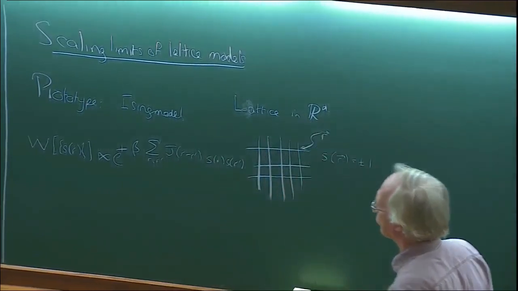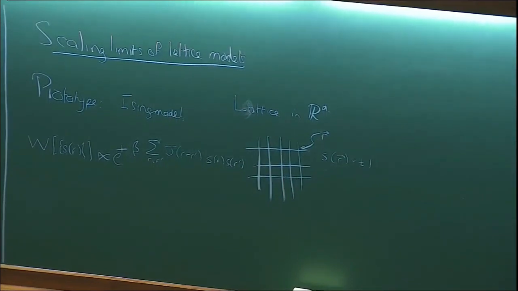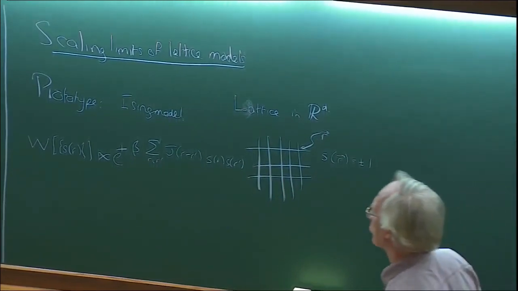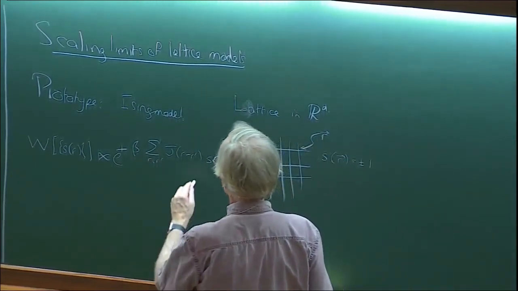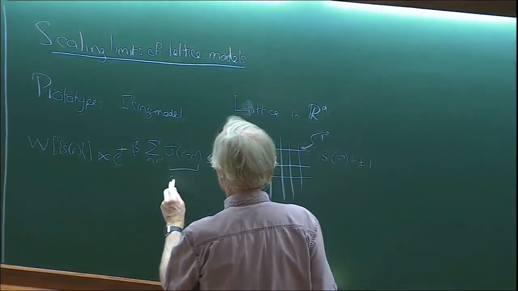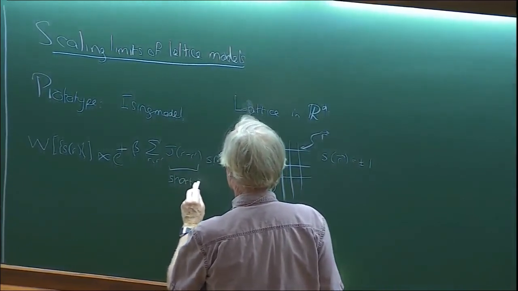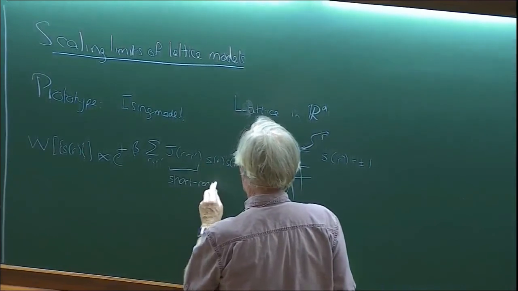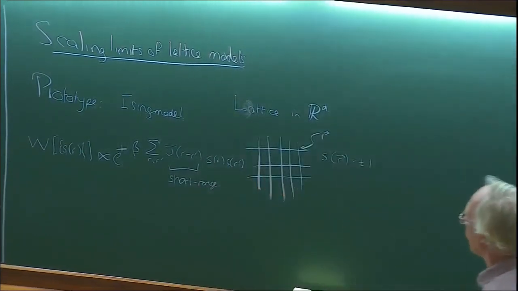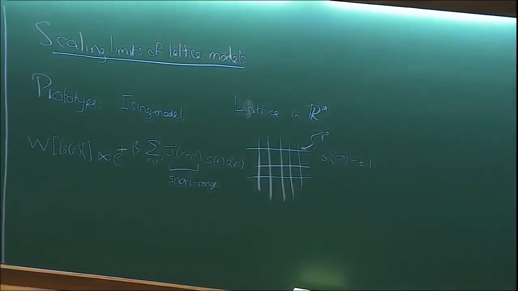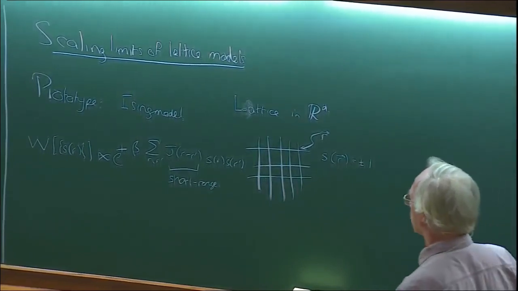The main thing is this could be a nearest neighbor interaction, but it does not have to be. The main thing is that it's short range. That is, it goes to 0 over the scale of the lattice spacing.